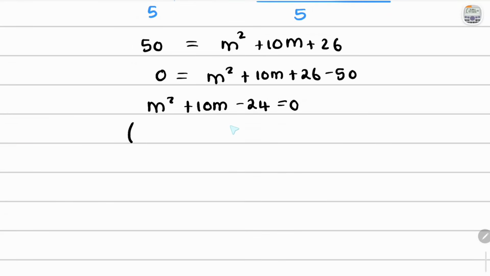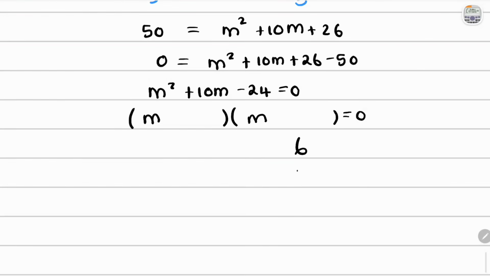Okay, so open up two brackets and then is equal to 0. Then m multiplied by m gives you m squared. And then we need factors of 24 that can give us a 10. But remember, one factor should be positive, the other should be negative. Okay, so 6 and 4 would not work in this case. If this was the only negative and that was positive, then 6 and 4 would work, but it wouldn't work here.